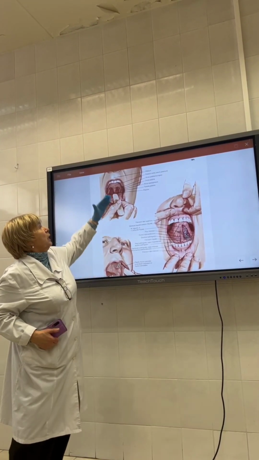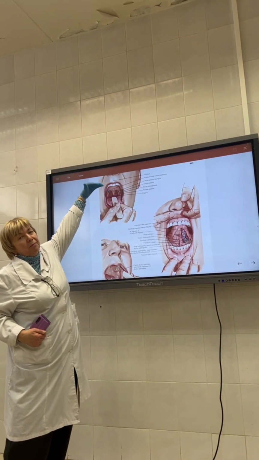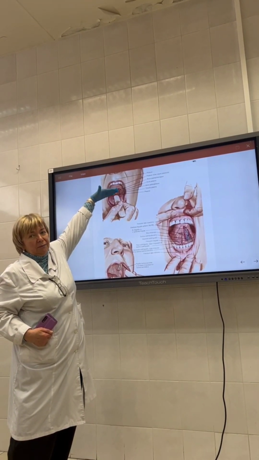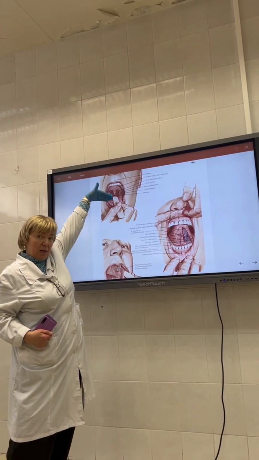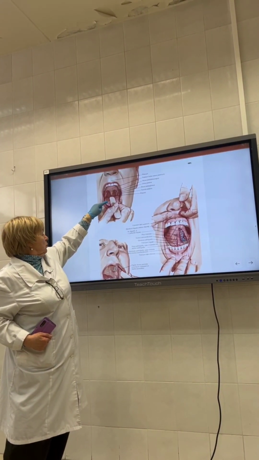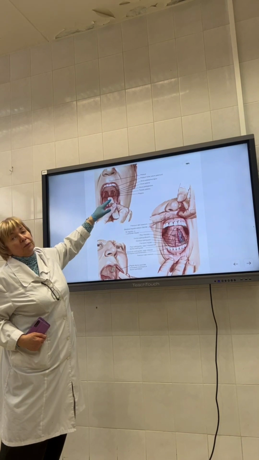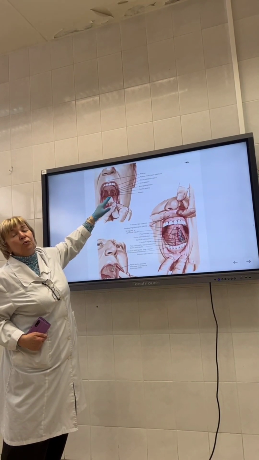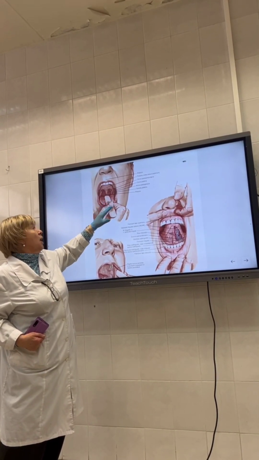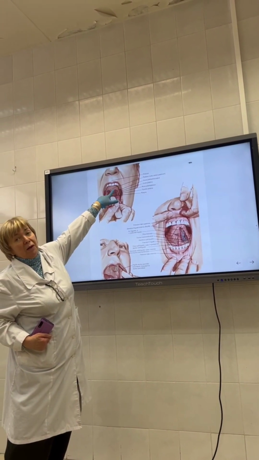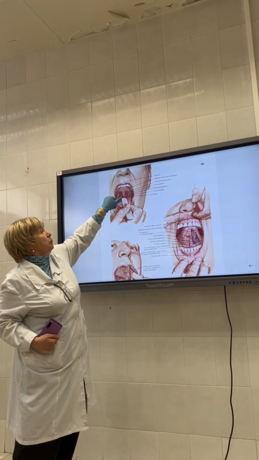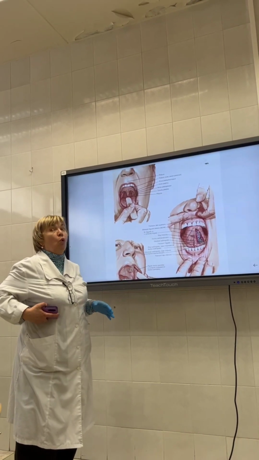It is surrounded above by the soft palate, the velum palatinum. Below, it is formed with the root of the tongue, radix linguae, and laterally it is formed by the arches, palatoglossus and palatopharyngeus.